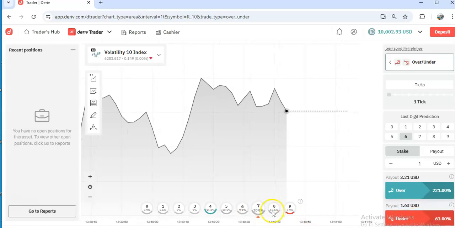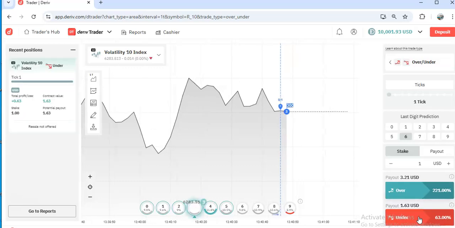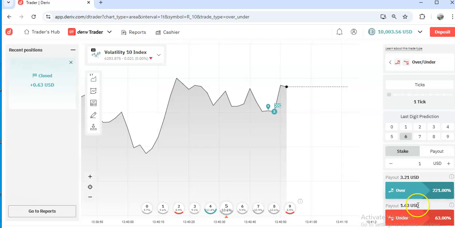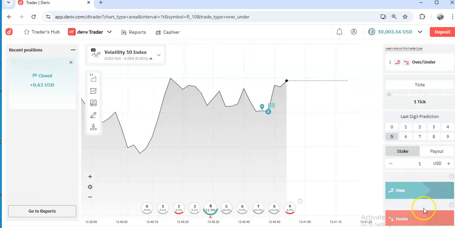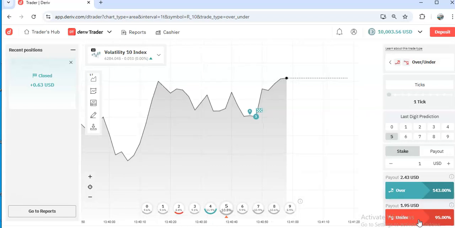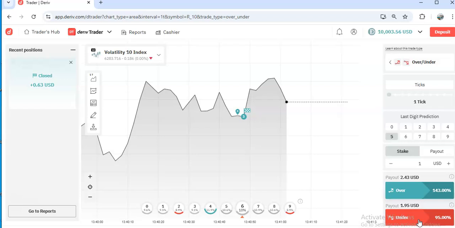I wait for the cursor to touch 2 consecutive digits on the upper market, and I go ADA 5. So let's wait again for the cursor to touch 1, 2. Okay, 1.